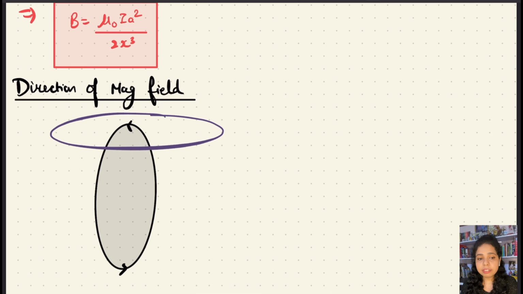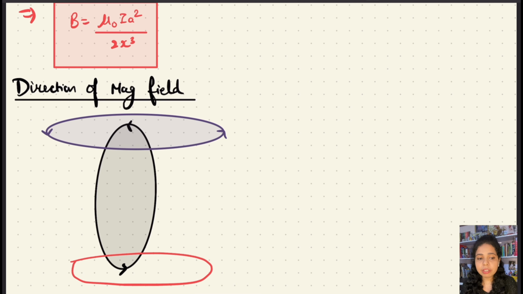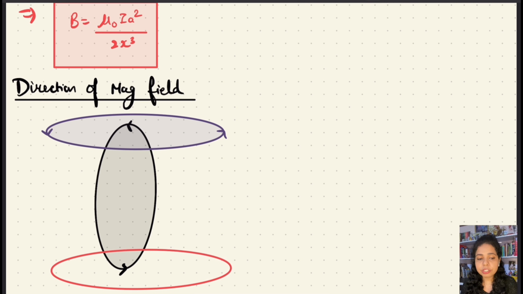So let us mark this magnetic field in an anti-clockwise direction. And if we apply same right hand curl rule in the downward direction, then again on curling the fingers, we will find that the fingers are curling in a clockwise direction.